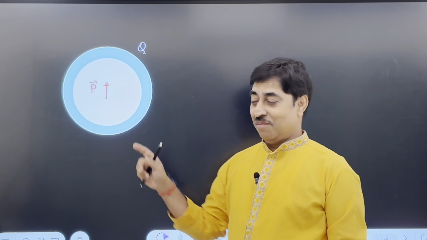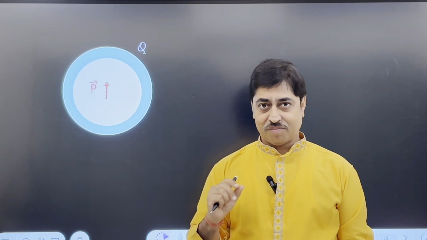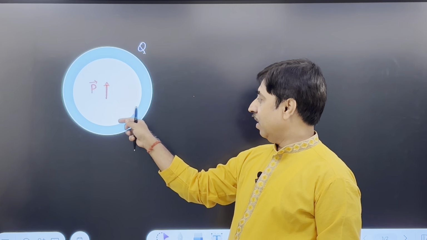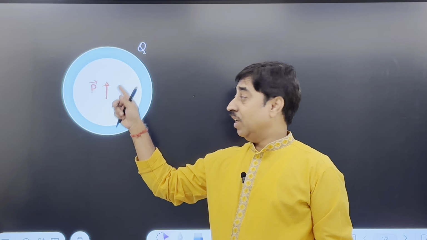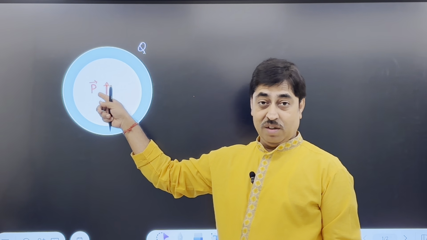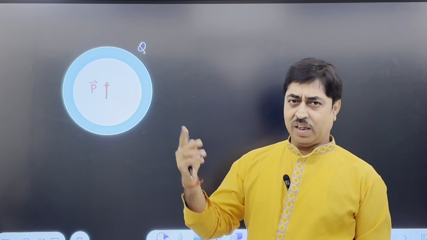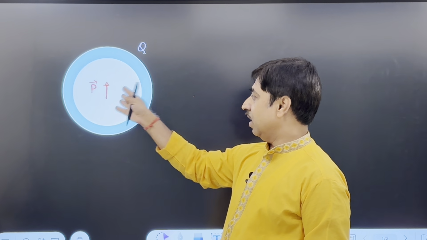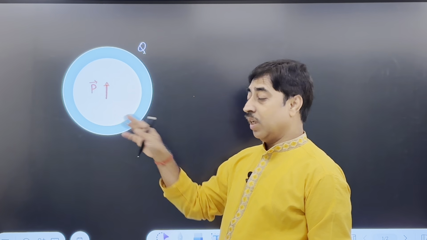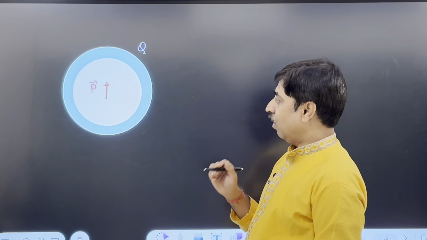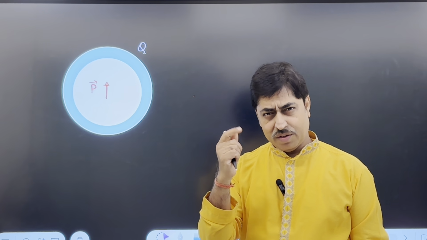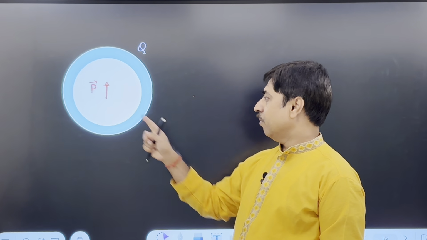Here is the question. There is a metal shell. This blue part is metal, right? Metal shell, this is the cavity region, the white one, and outside also there is nothing. That means here it is air, here it is air. This blue part is metal. So it is a hollow spherical shell with some thickness, okay?